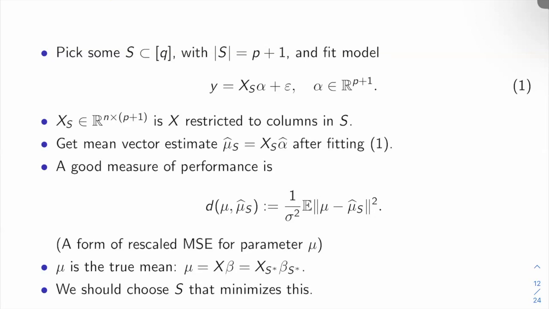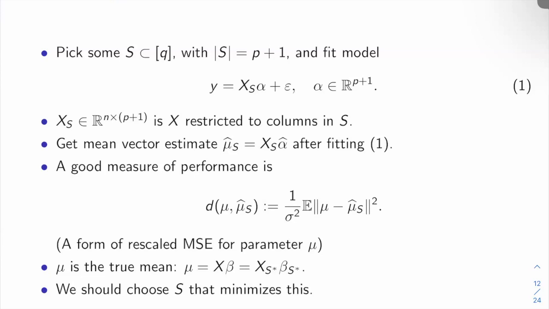assume, let's say I pick a subset S, the candidate S. S is not necessarily the true subset. Let's say it has p plus 1 variables. You could drop the 1, it's easy, but let's say it's p plus 1 because usually you have the intercept.